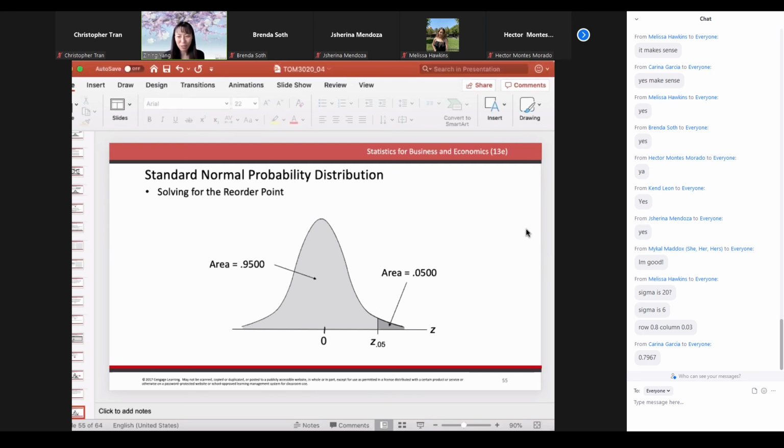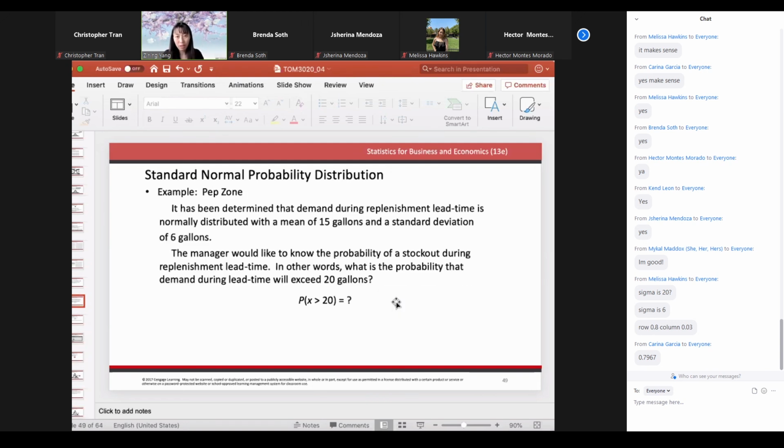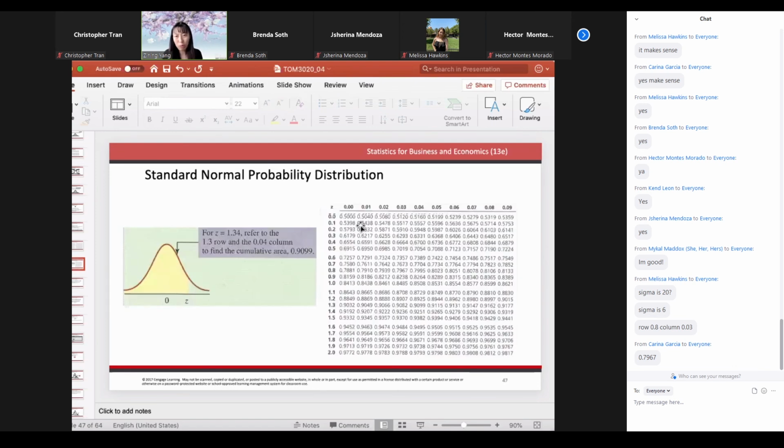Let's see what we're trying to do. We're trying to find the z-score that has an area of 0.05 on the right, but 0.95 on the left. Then the question is really, from this table, can you find a z-score that has a probability of 0.9500 or very close to 0.9500?